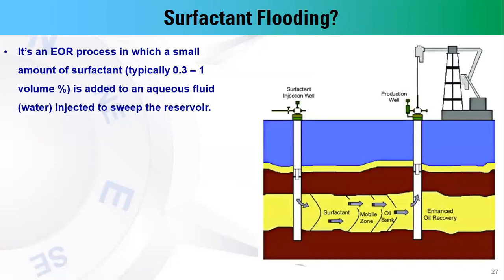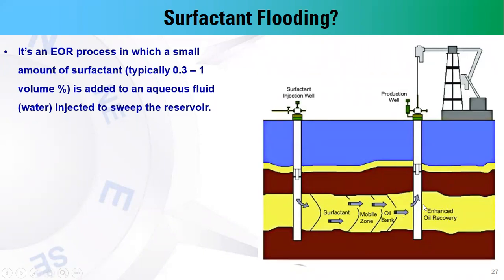Additionally to water flooding, water injection, what is surfactant flooding? Surfactant flooding is a tertiary or enhanced oil recovery technique. In this technique, we add a small amount of surfactant, typically from 0.3 up to 1 volume percent, to the liquid or aqueous phase injected into the reservoir.